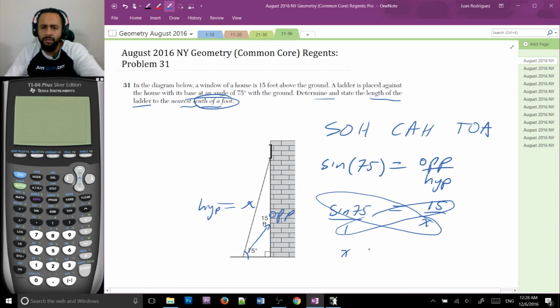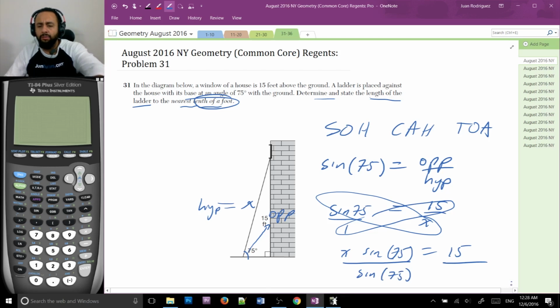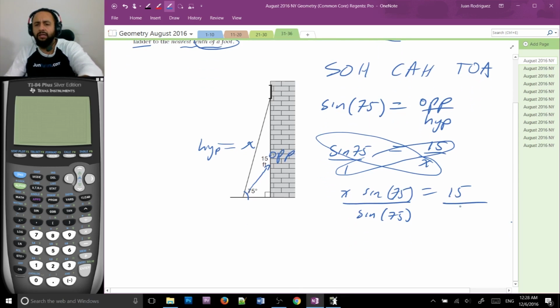So x sine 75 is equal to 15, and I'm going to divide by sine of 75. This confirms for me mentally that the answer is going to be close to 15, because I know sine 75 is close to sine 90. Sine 90 is 1, so this is close to 15 over 1.